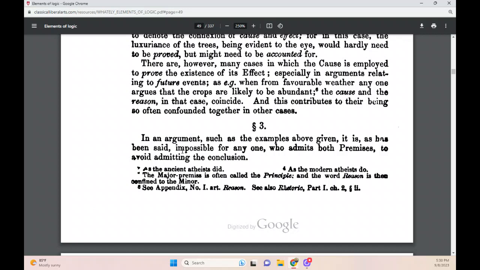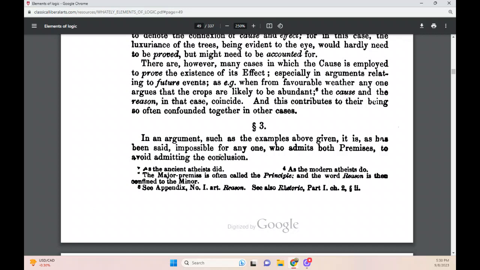It is impossible for anyone who admits both premises to avoid admitting the conclusion of a true argument, of a true syllogism. This is what's most important.